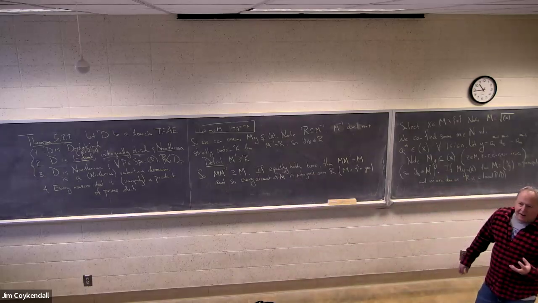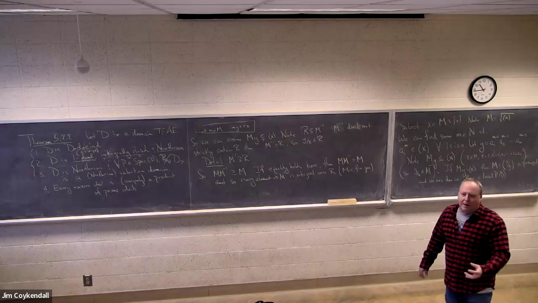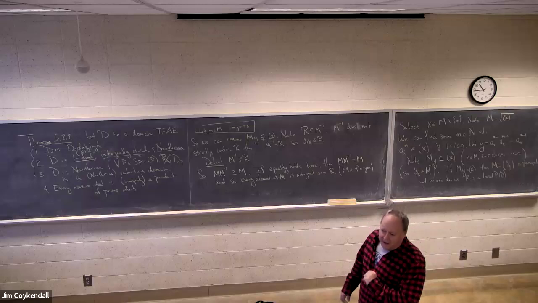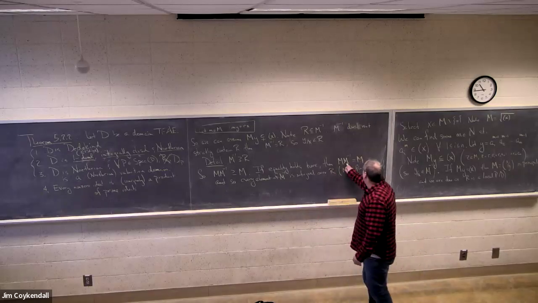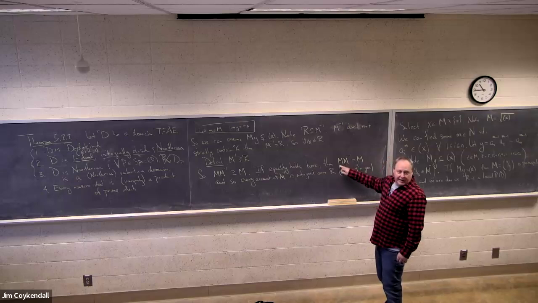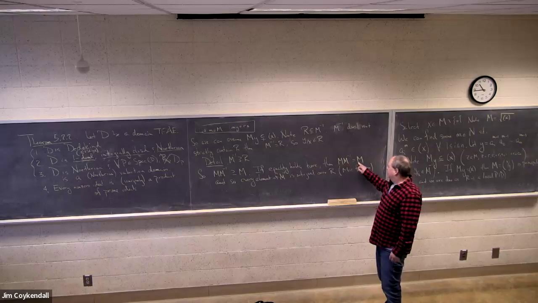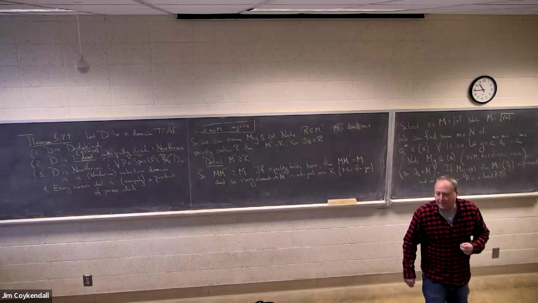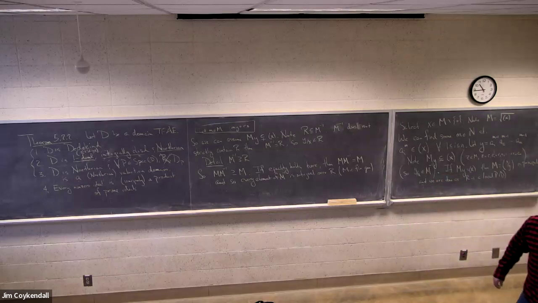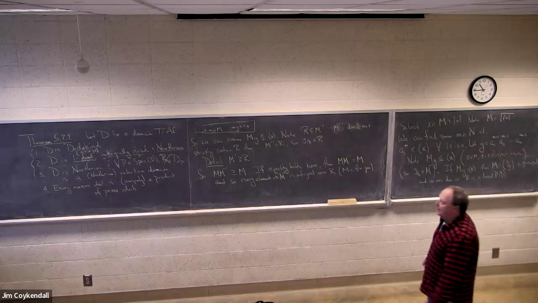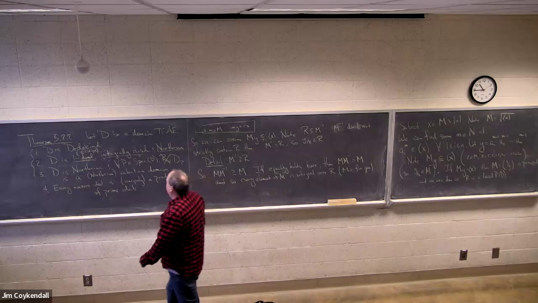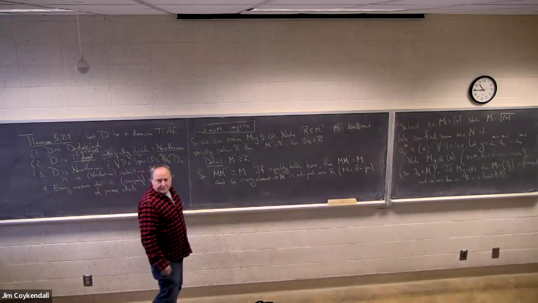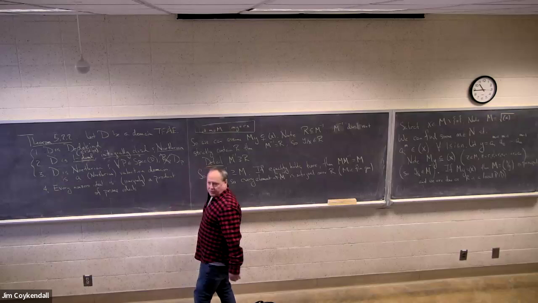Y'all remember the characterization of integrality? It's integral if you can find a finitely generated module M such that U is contained in M. Well, that's what you got here. If you have this equality here, anytime you hit M with something from M inverse, it's still in the finitely generated module. This means that every element of M inverse is integral over R. But what do we know about R? R is integrally closed, and so is its localization.